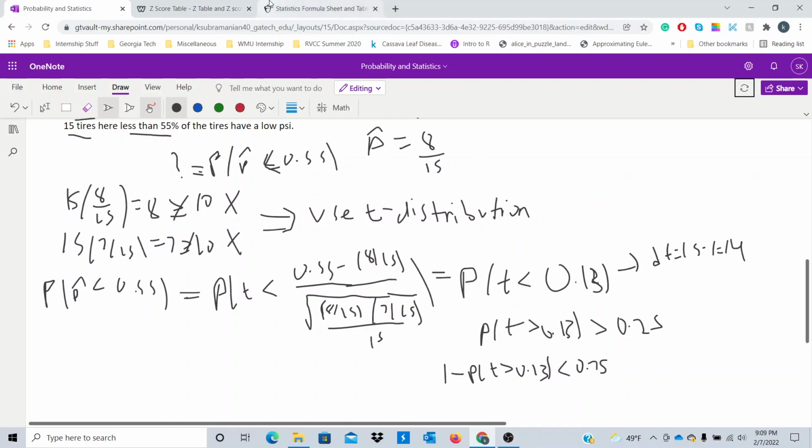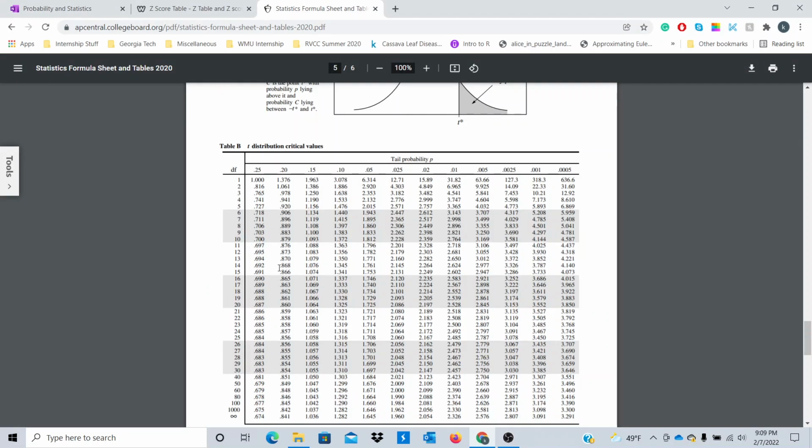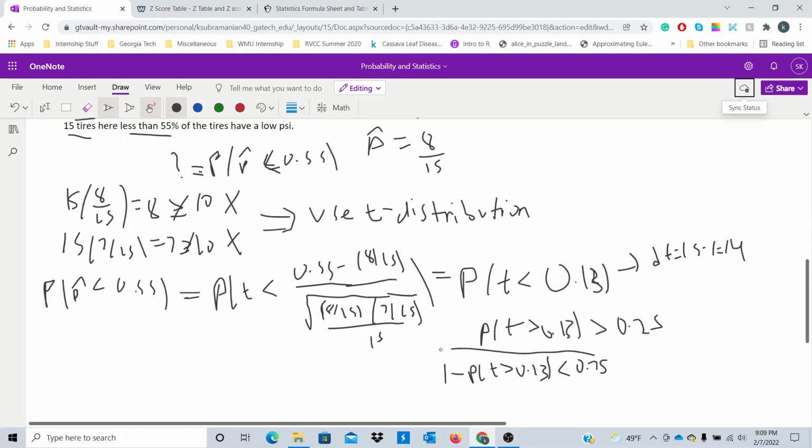Now, I can't compute it exactly with this table because I don't really have any more probabilities here to see which t-score matches up. So I can give you a rough approximation, but what I would recommend is to use a t-statistic calculator to actually get the probability in a little bit more exact form.